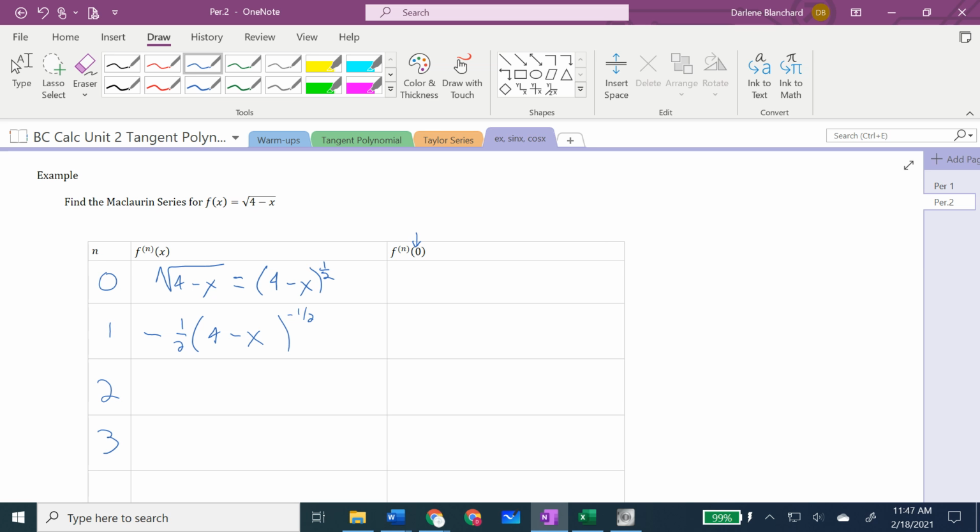As I go to the second derivative, I'm going to take the negative 1/2 constant multiple and drop it down. And now I'm taking the derivative of just what's in this parentheses to the negative 1/2. And so I start with my exponent, negative 1/2. So I'm going to multiply by negative 1/2 bleh to the subtract 1 from negative 1/2. Give mommy her baby.